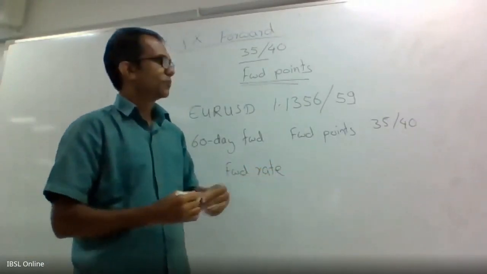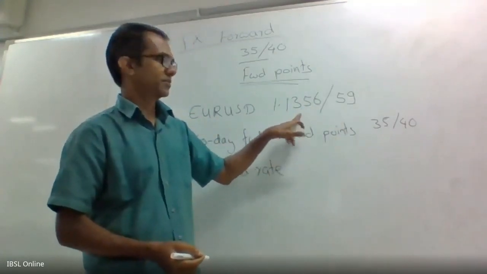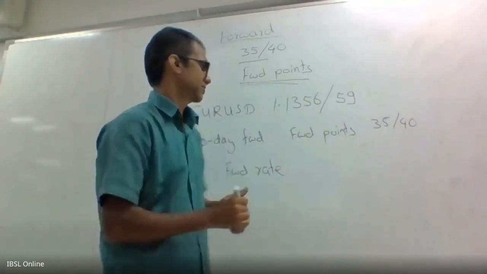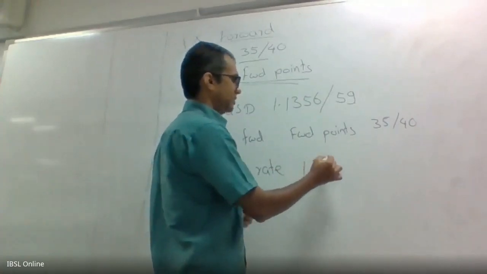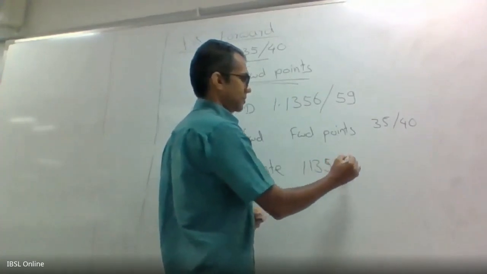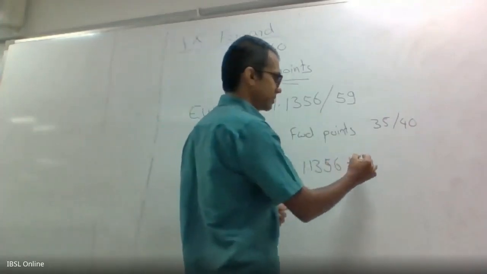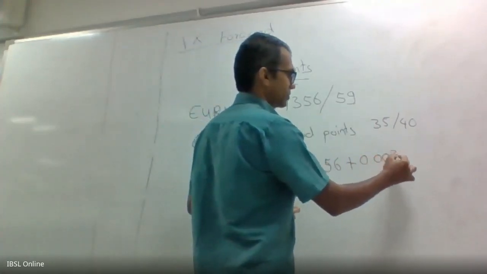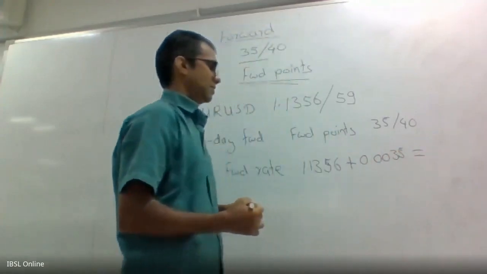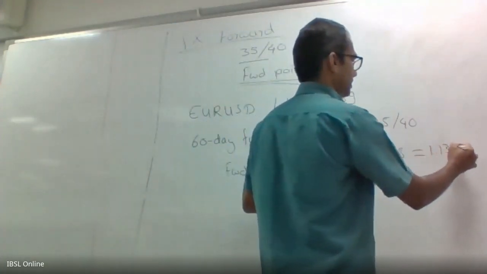Simply add forward points to the quoted spot rate. But remember, these are points, not decimals. So to get the bid, you have to add 35 points or 35 pips. 35 pips means 0.0035. You get 1.1391.